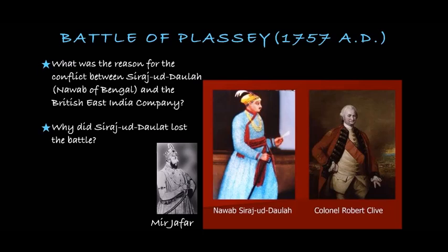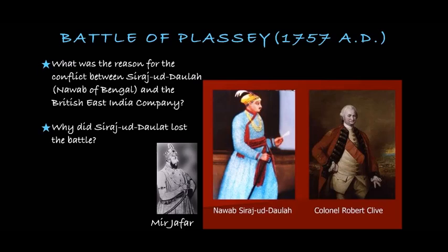The East India Company officers had received some trade concessions from the Mughal emperor. They misused these trade concessions and built fortification around their factory at Kolkata. However, they did not take the permission of the Nawab. Hence, Siraj-ud-Daulah captured the factory at Kolkata. This created discontent in England.